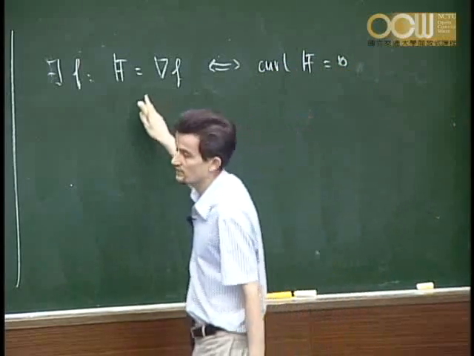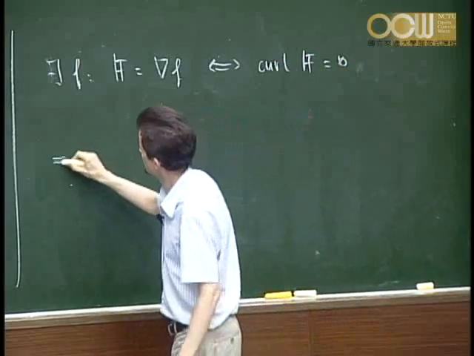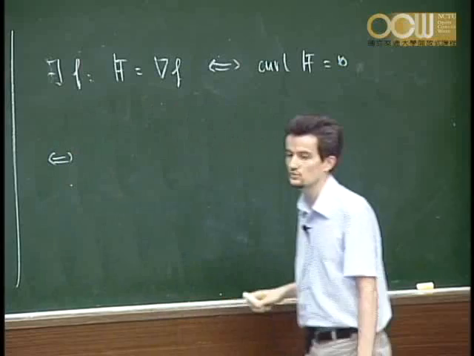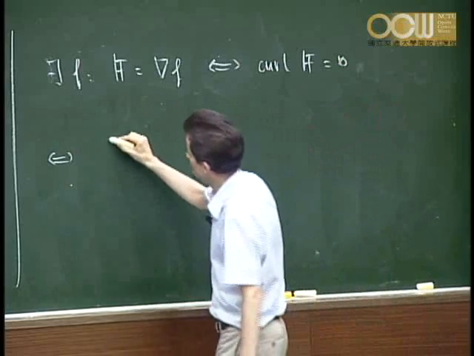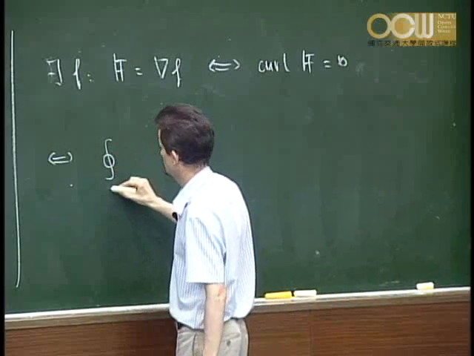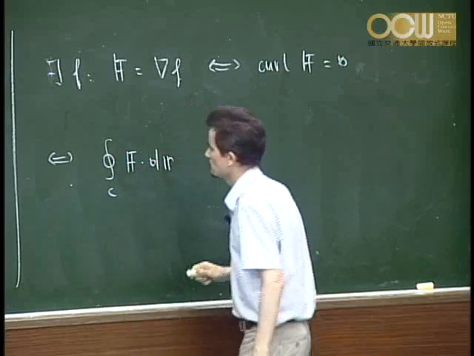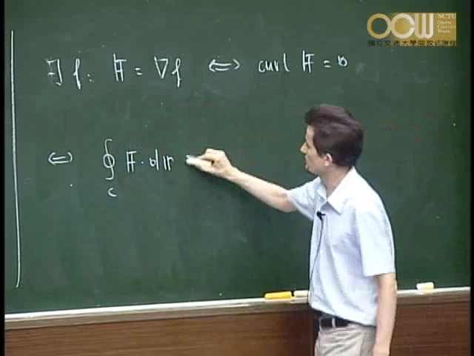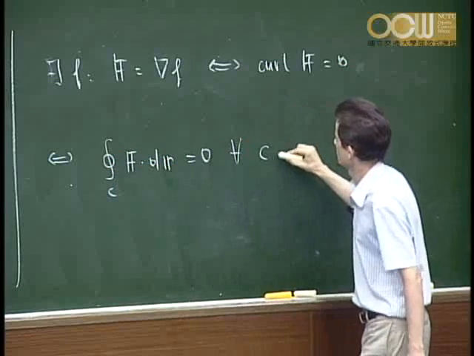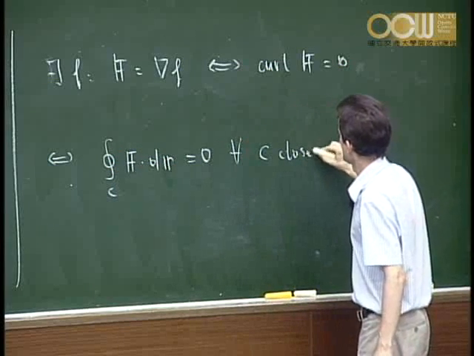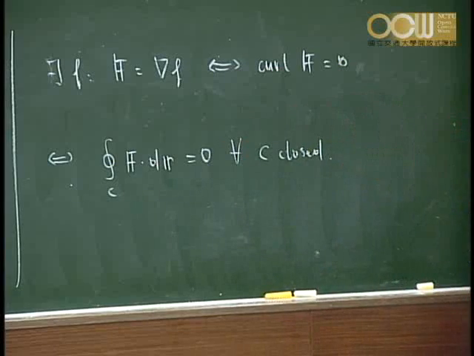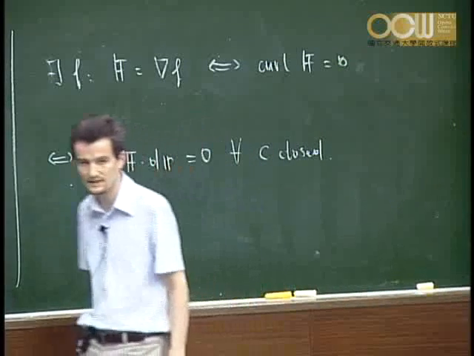Last time we already saw that this is equivalent to the line integral over any closed path being equal to 0. Okay, so last time I discussed this.